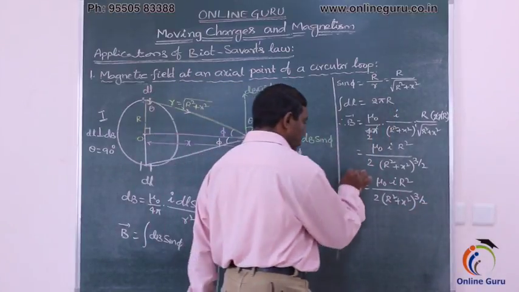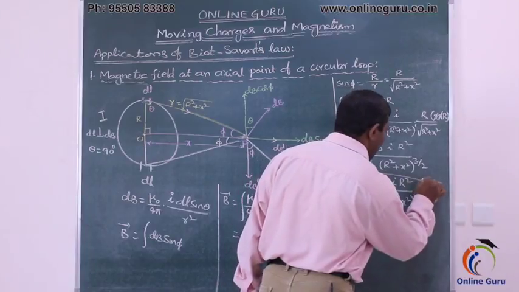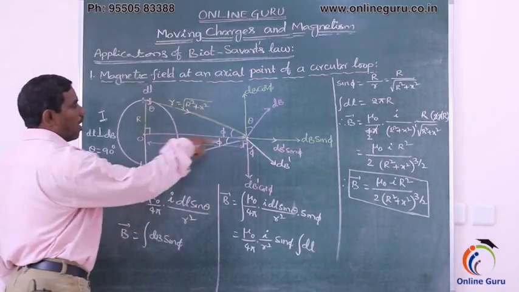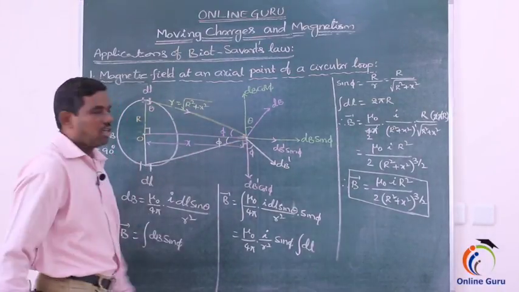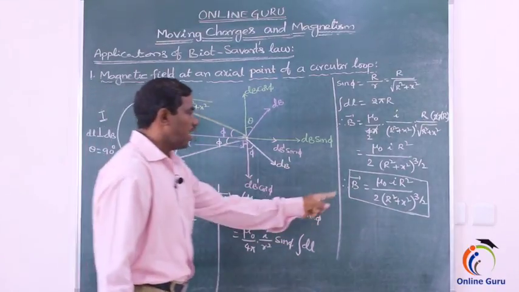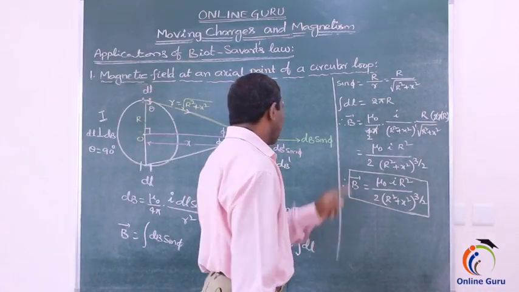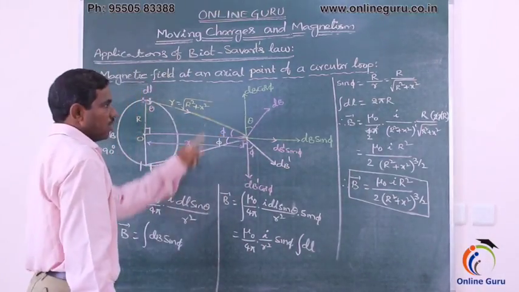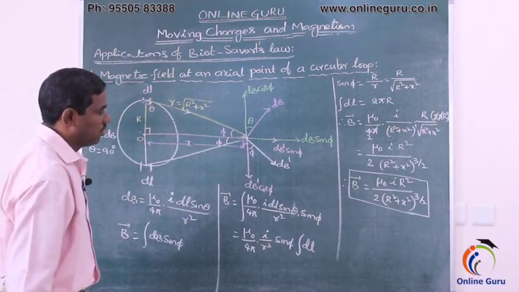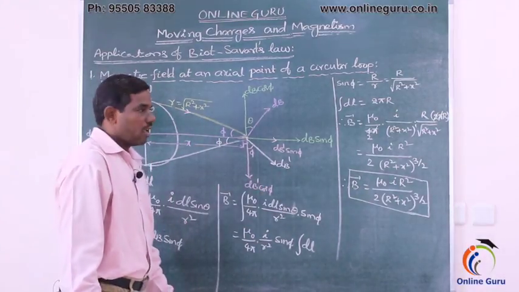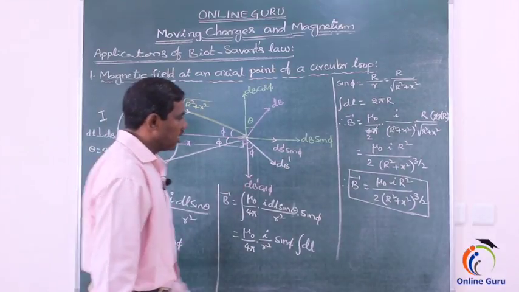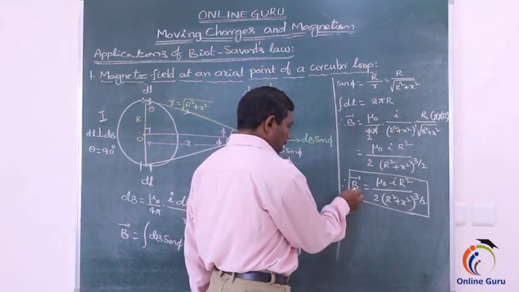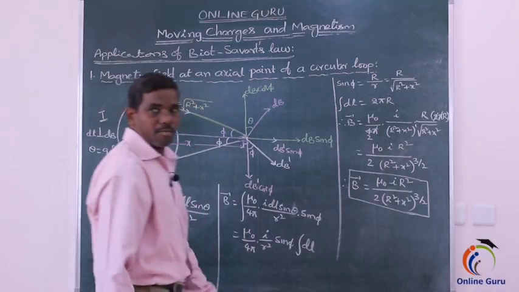This is the mathematical equation for the magnetic induction due to a current carrying circular loop on the axial line at a point P. Having derived this equation, we are going to discuss in different cases how the magnetic induction varies at this point with the help of this equation.